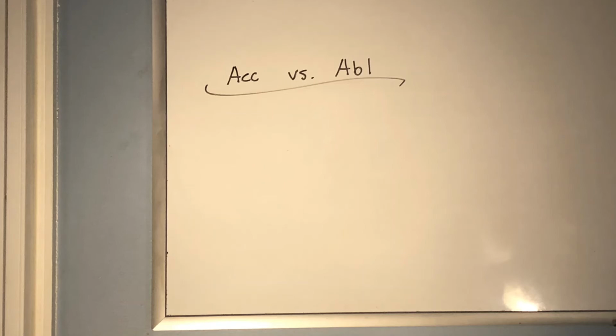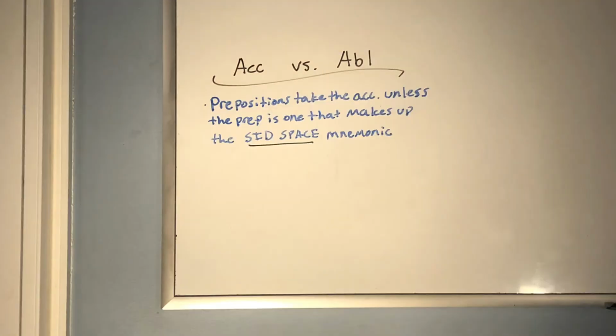However, there is a really simple mnemonic, and you will not have any troubles with this. Prepositions will always take the accusative case unless the preposition in question is one that makes up the SID space mnemonic. If the preposition is one of the ones that makes up SID space, it will take an ablative noun. Otherwise, it will take accusative.